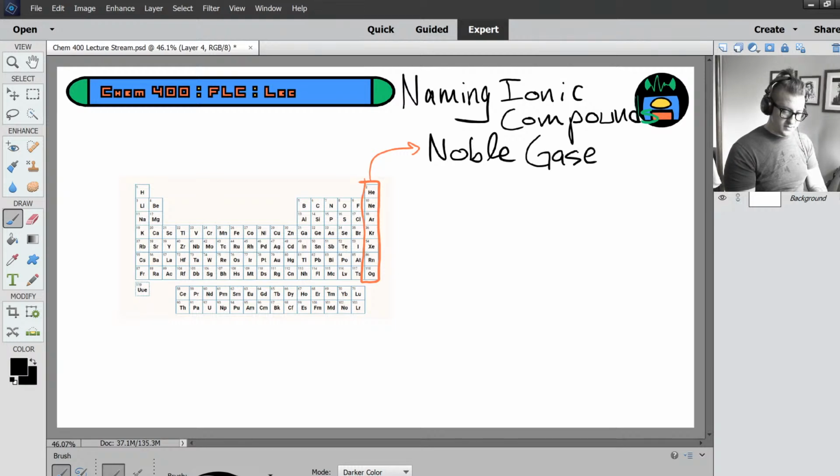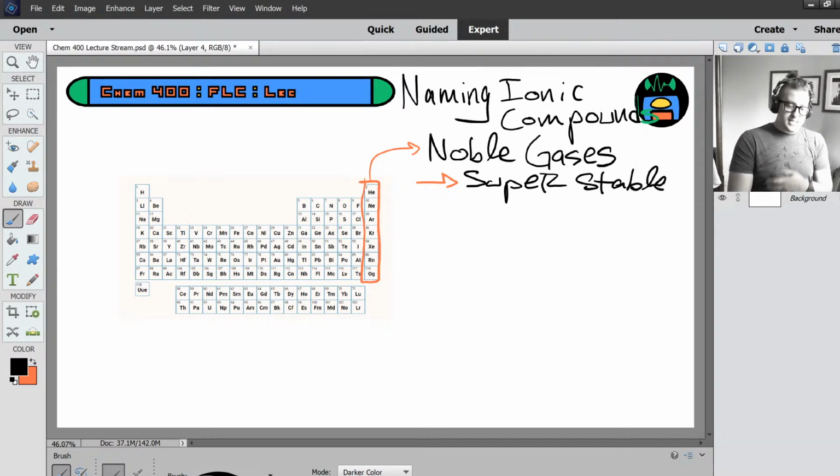They're easy to find. And your noble gases are super stable. They're actually the last group of elements to be discovered in nature, because they're inert. They don't react with anything. They're super stable. They're like blissed out, zenned out. They just tend to not react with anything.